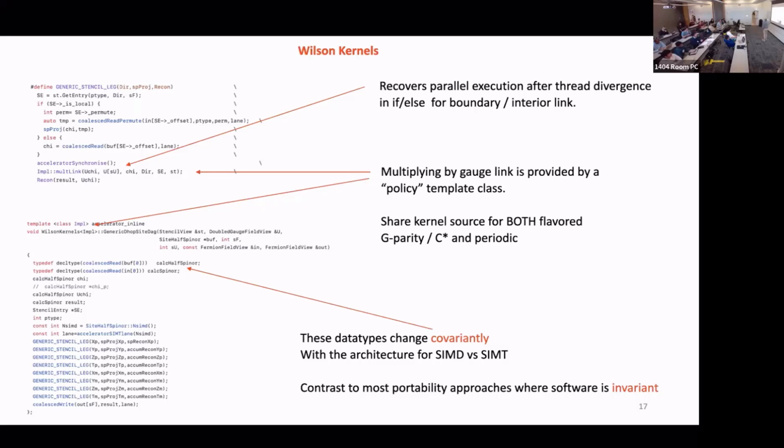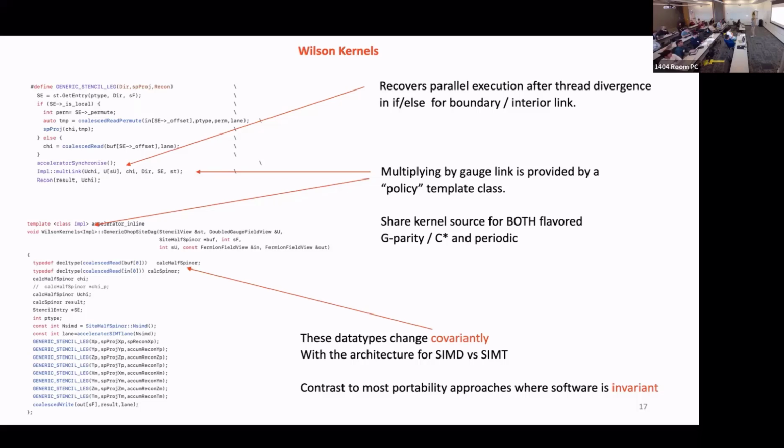Mult-link is passed in as a function defined by a template parameter called impl, the implementation, which means that the same code works for both G-parity and C-star, or G-parity C-star boundary conditions, where there's an extra flavor index, and for the normal periodic boundary condition code. Which is kind of cute. So there's a single source for both G-parity and non-G-parity for how you do the Wilson operator.